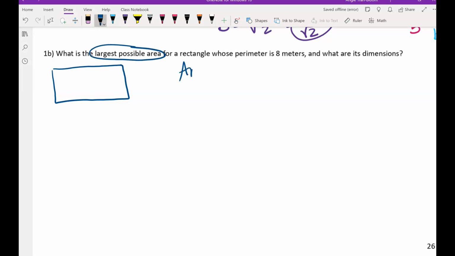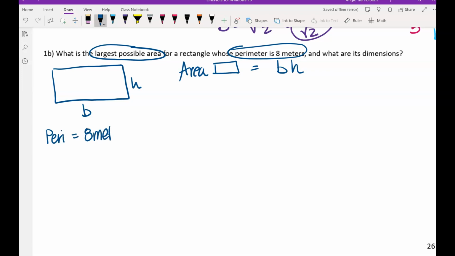So you are going to start with an area formula, which is base times height. Base, height, and you can use any variable you want. You have a perimeter of 8 meters. And we're looking for dimensions in addition to the largest area.